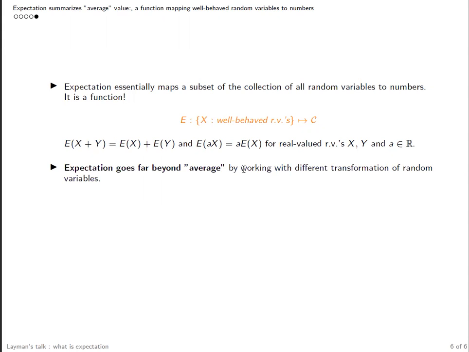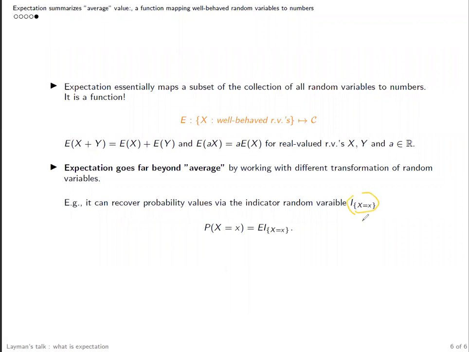But at the same time, this is a very important concept because it goes far beyond average. For example, it can recover probability values. Let's consider this indicator random variable I given the event X equal to x. This random variable equals 1 if X equals small x and 0 otherwise.